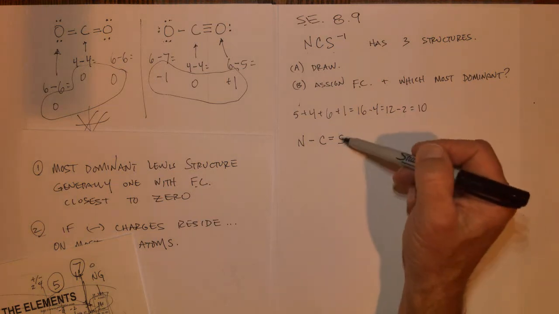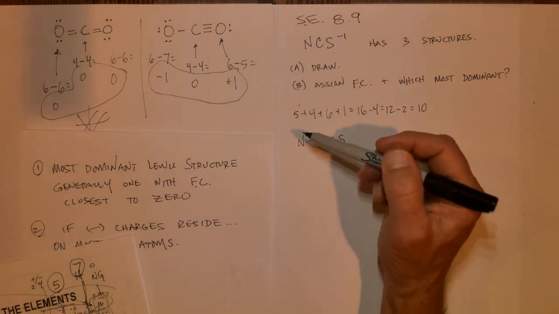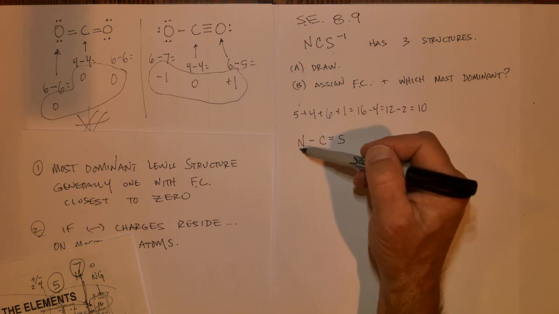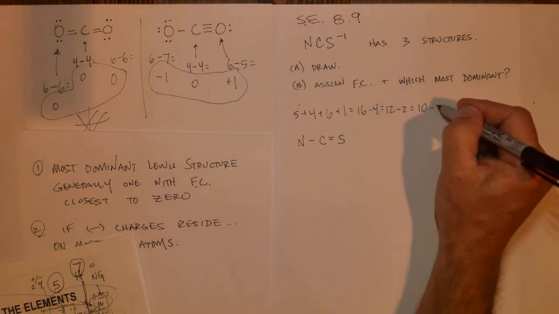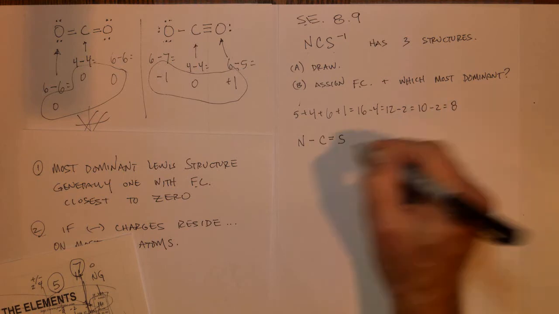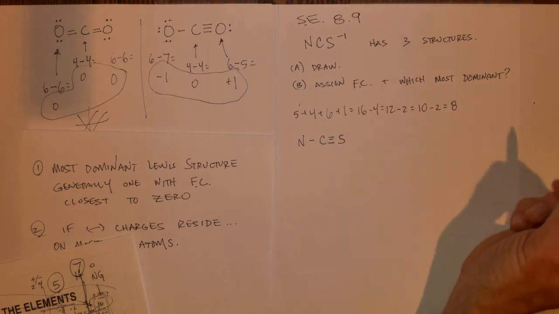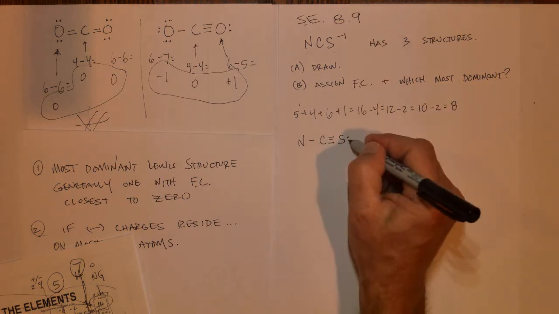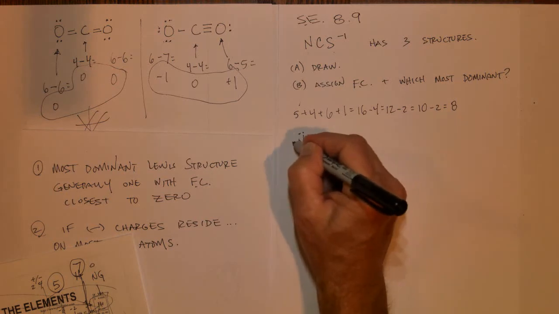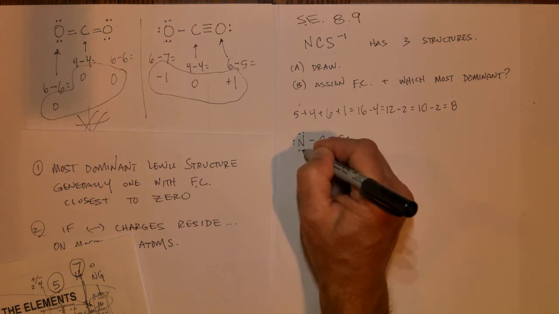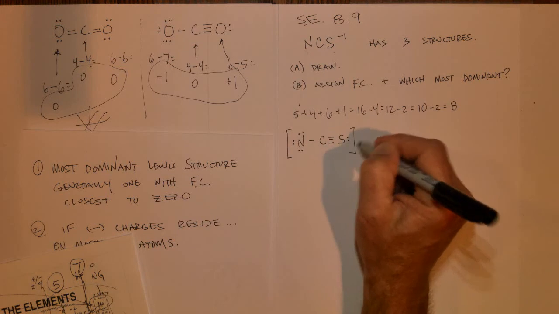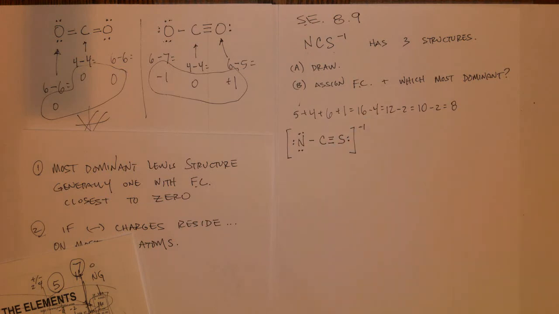I still don't have enough, so let's use 2 more electrons and put a triple bond right here. Now with 8 electrons left, I can go 2, 4, 6, 8. Put it in brackets, put a little -1 on the outside. That's one possible way to draw it.